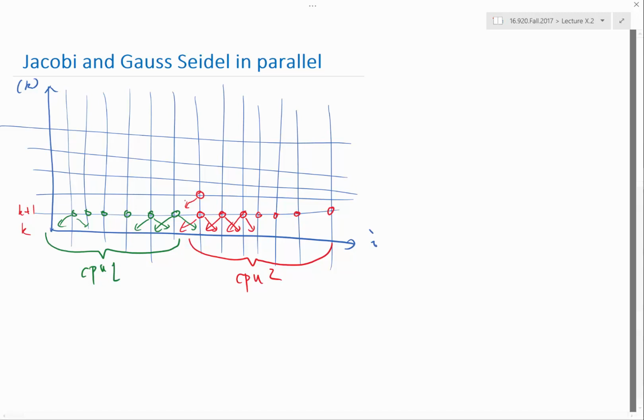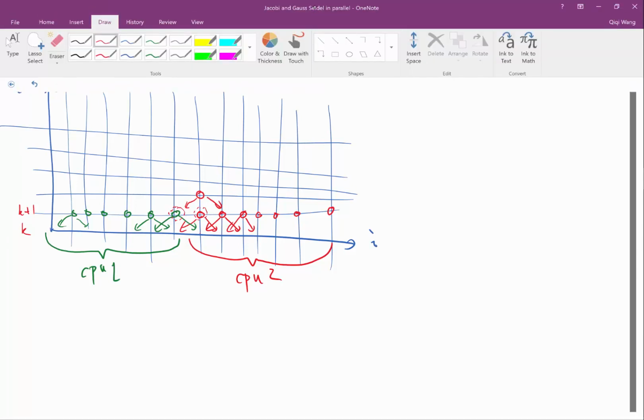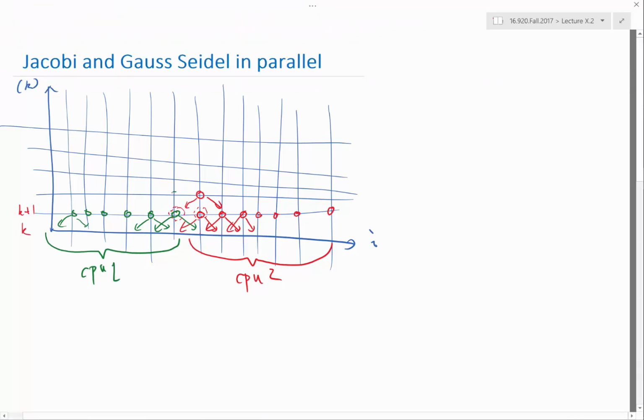So I need to communicate. CPU 1 needs to send the value it computed over here to CPU 2. And CPU 2 has to send this value to CPU 1 so that CPU 1 can compute the rightmost grid point, right? So it needs to communicate.